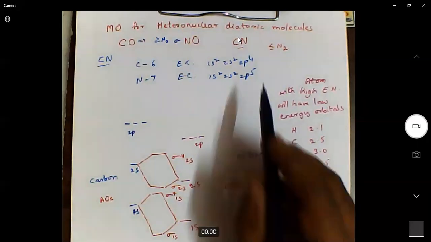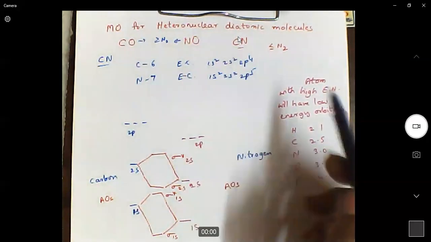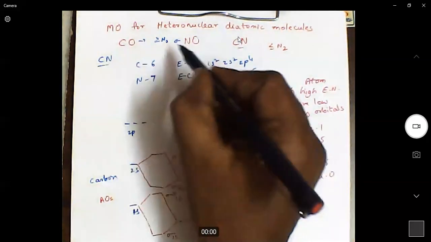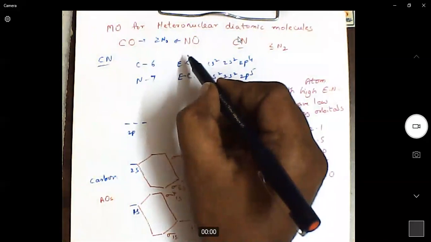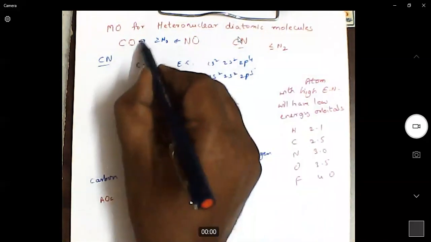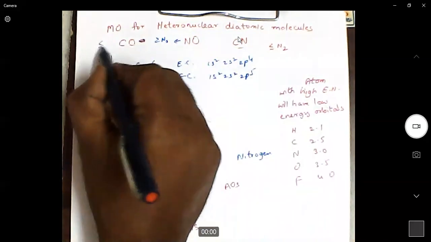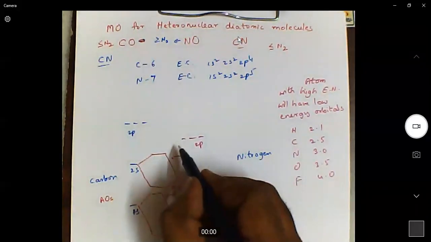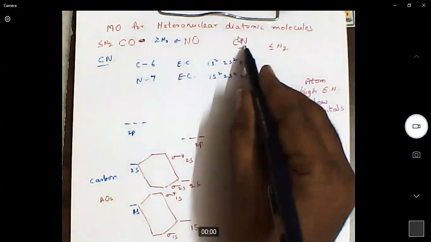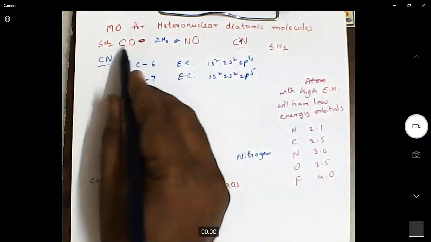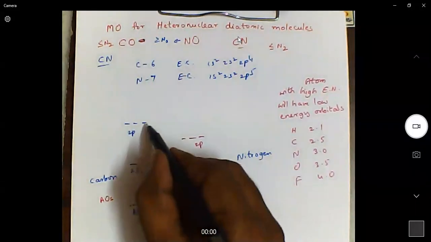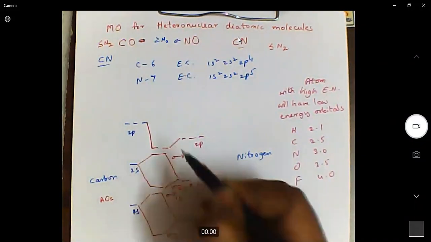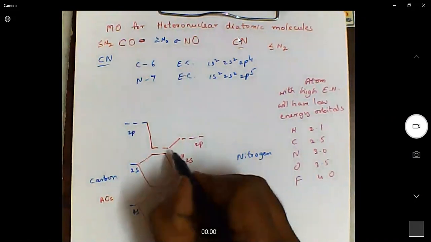As I said, in case of carbon and nitrogen, we will go for the less than or equal to nitrogen rule. In case of CO also, it is the less than or equal to nitrogen rule. So here we consider carbon and nitrogen small atoms, carbon and oxygen also small atoms. So the pi bonding orbitals will be lower in energy.